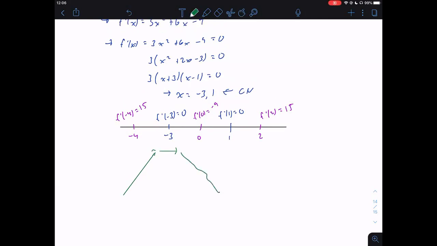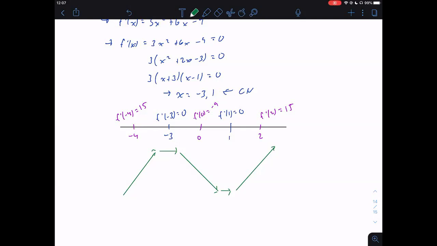So our function is decreasing now, after -3, before once again the function zeroes out at x equals 1. And then after 1, since our test point resulted in another positive slope, that means after the second critical point, our function started to increase once again, started to come back up.